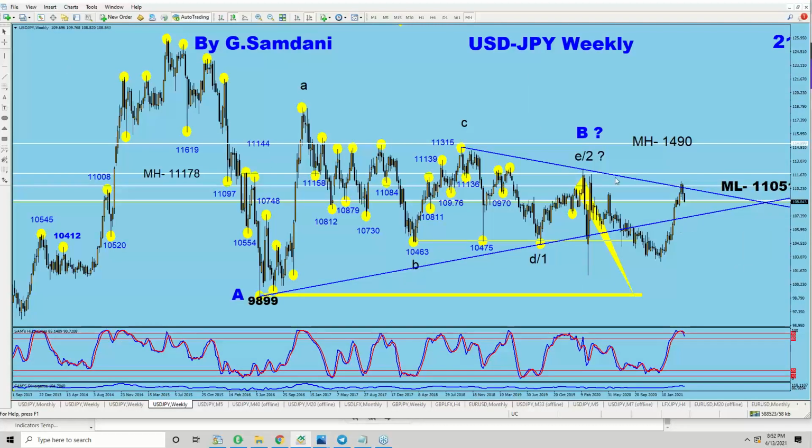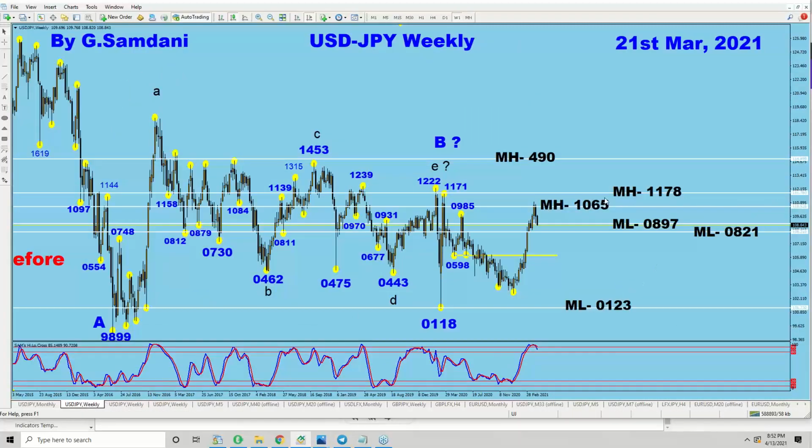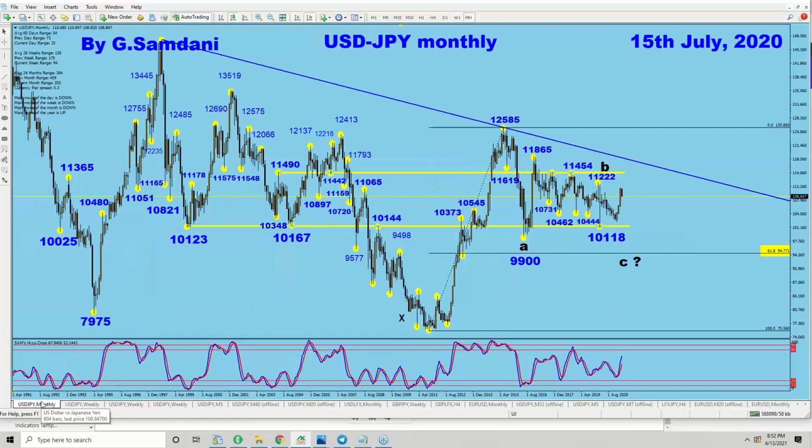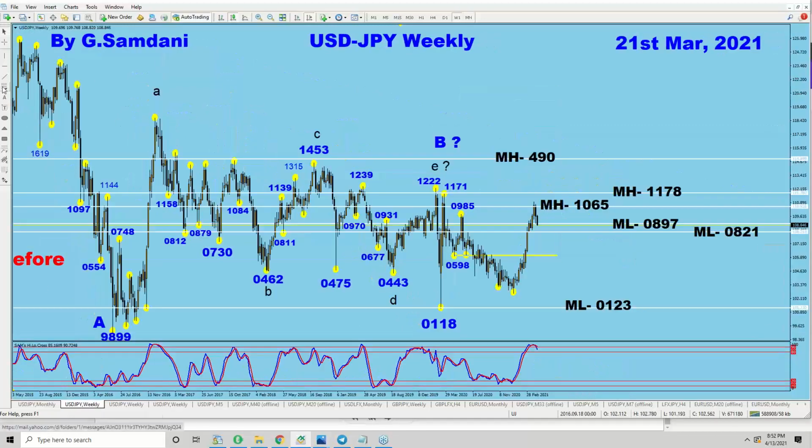Do we have a long scenario? Actually, we don't. We have a short scenario here, and this is coming down to the downside, right? After 1065 hitting and coming down, this is how it is. This is my long-term chart. If B is finished, then we're supposed to be coming down. If you draw the trendline here, that's probably the trendline hit, and we're coming down now.